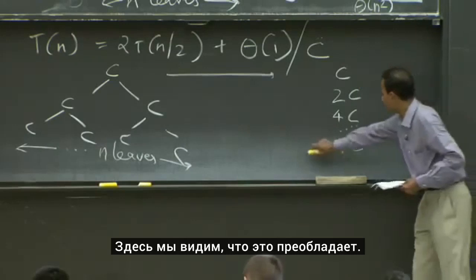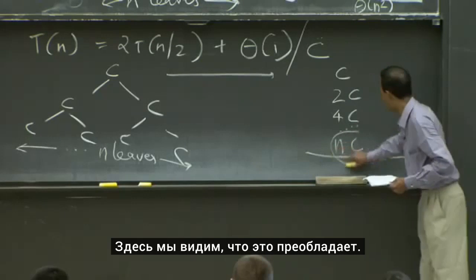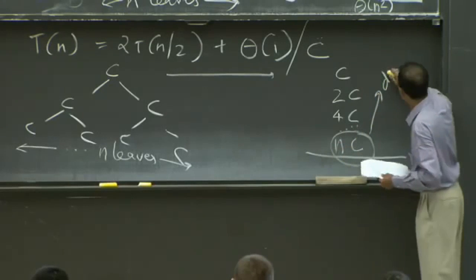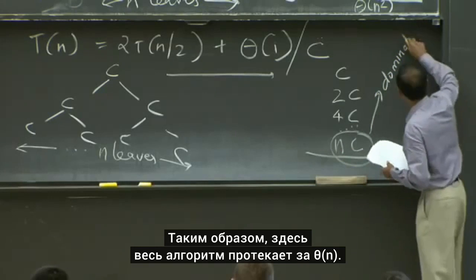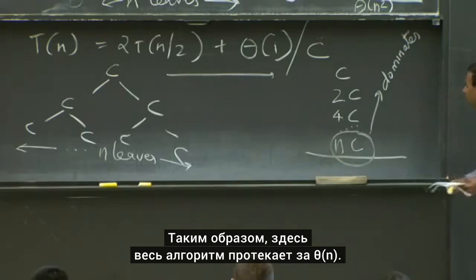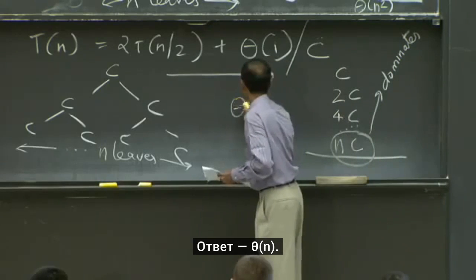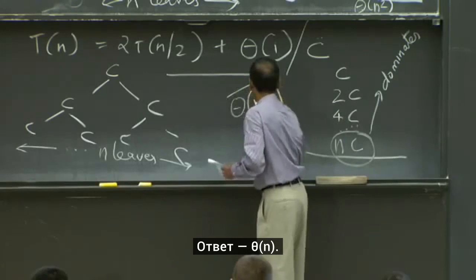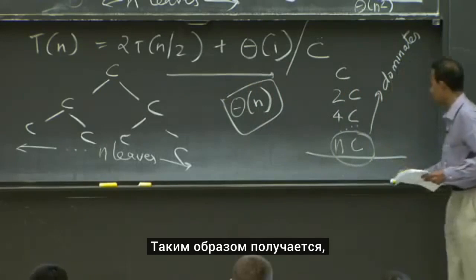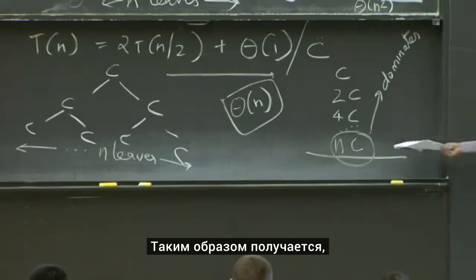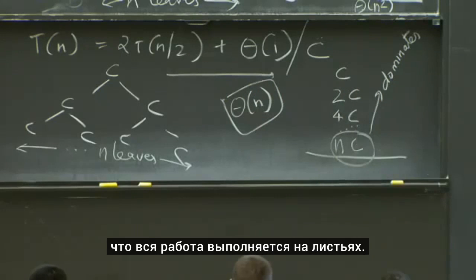And so what happens here is this dominates. In this recurrence, the whole thing runs in theta n. So the solution to that is theta n. And what you have here is all of the work being done at the leaves.